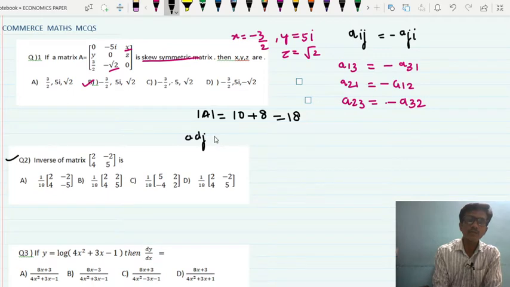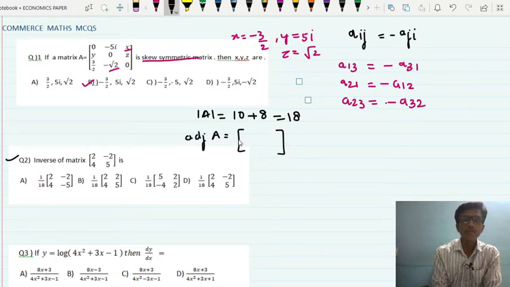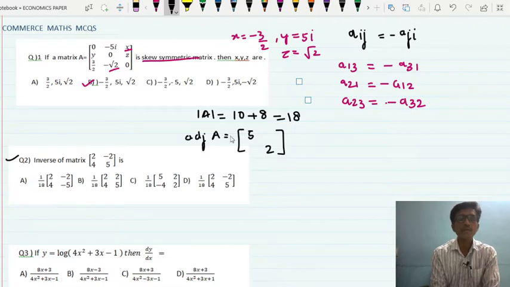Adjoint is obtained on interchanging the diagonal elements, that is 5 and 2, and changing the sign of the non-diagonal elements, that is 2 and minus 4.